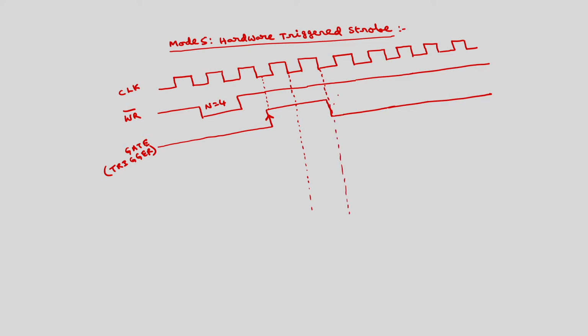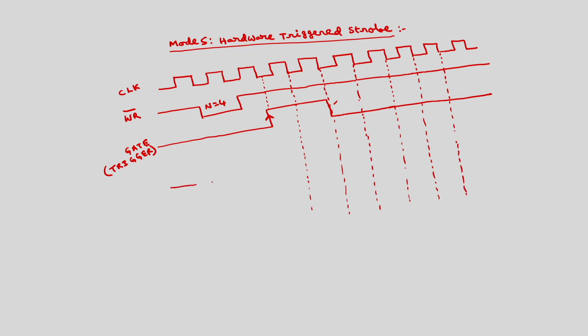This can be of any duration. This is the third clock signal. This is the fourth cycle. So for 4 cycles it will be high, and for 1 cycle it will go low, similar to the previous mode.